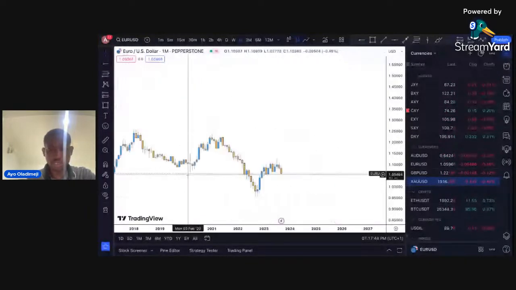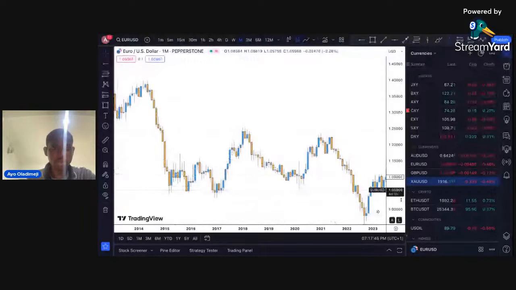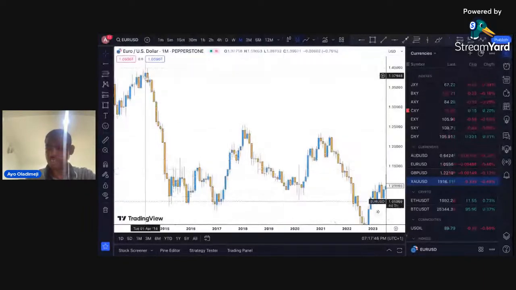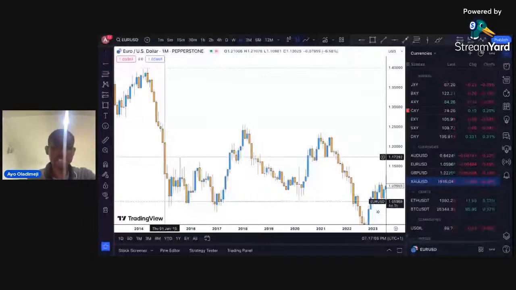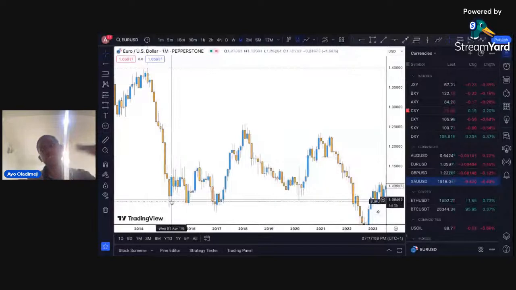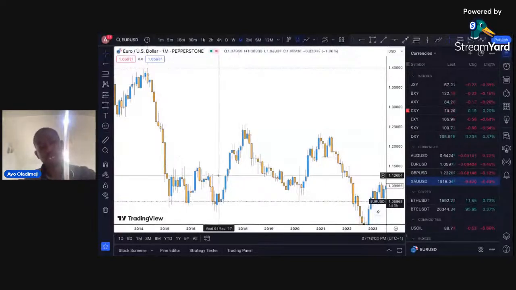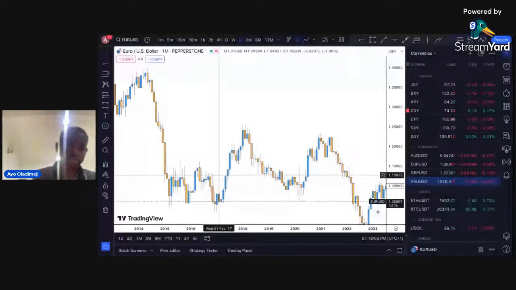We know what candlesticks are, and we know how the candlestick tells us the story of what's happening in the market, whether the market is selling or buying. If you remember, we said the opening and the closing position defines whether a candle is a buy candle or a sell candle, a bullish candle or bearish candle.